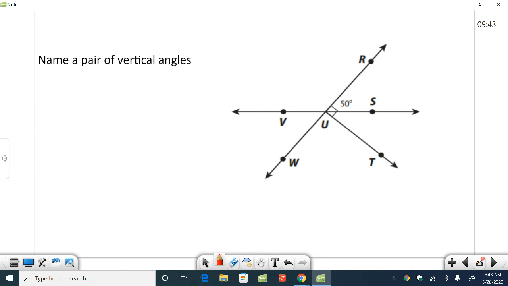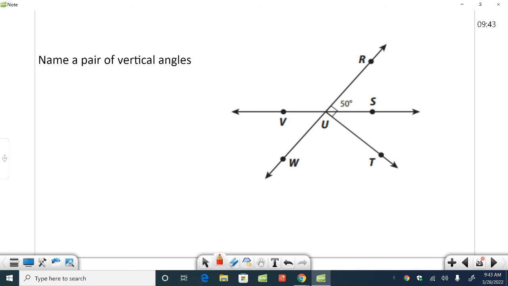You have to use 3 letters. No. No. No. Guys, what are intersecting angles? They have to look like this. So I need an angle that's like that and like that. That's what I'm looking for.